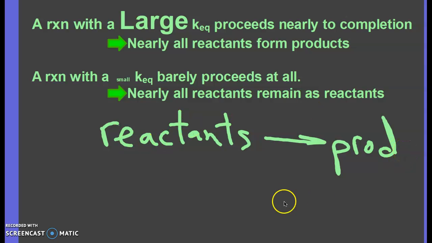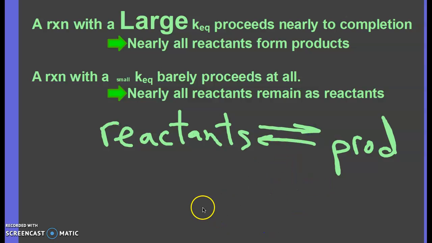End of story. But in a lot of reactions, that's not what happens. Some reactions are reversible, where you can change direction. Now these would become the reactants, these would become the products. But a lot of reactions are somewhere in between.